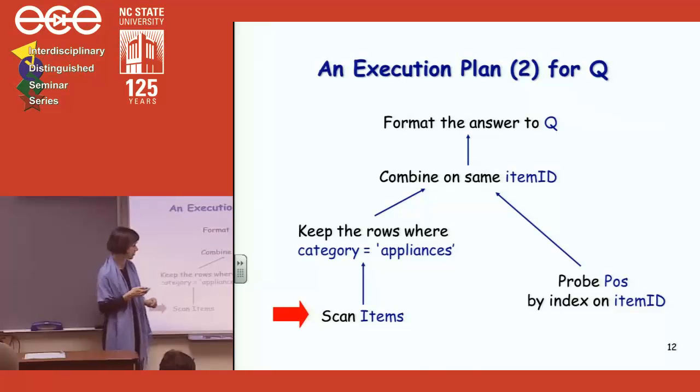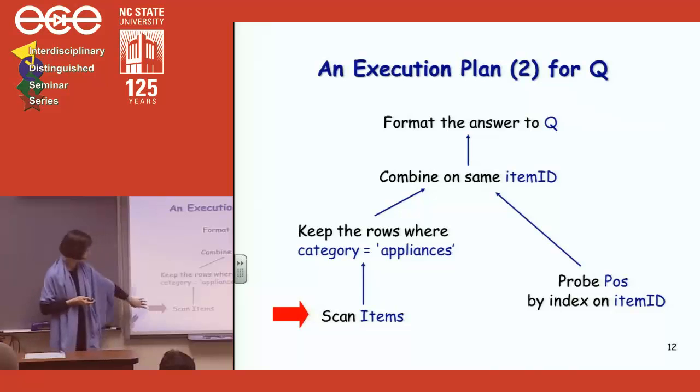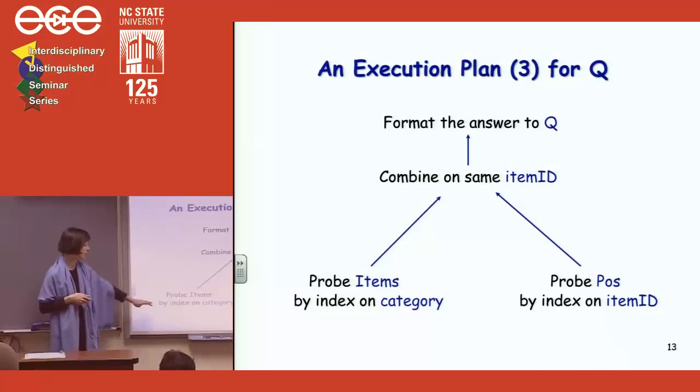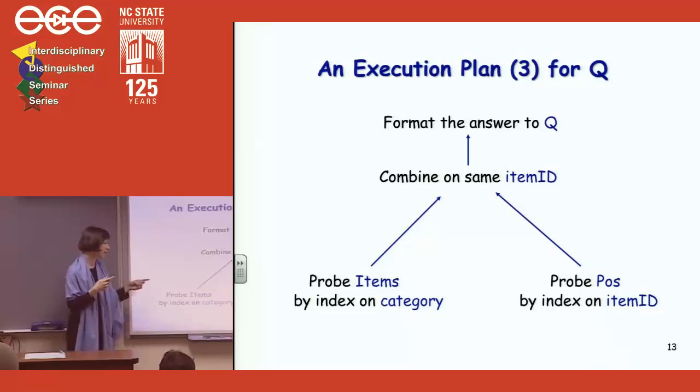So that's already an improvement. Can we do any better? Can we do better on the red arrow here? Yes, if we have an index, again, the set of pointers where you say, okay, give me all the items whose category is appliance. That gives you only those. That means that you don't look at irrelevant data in this table either.